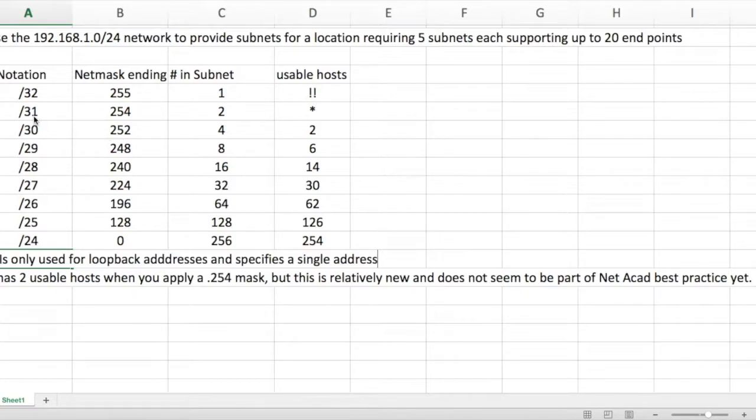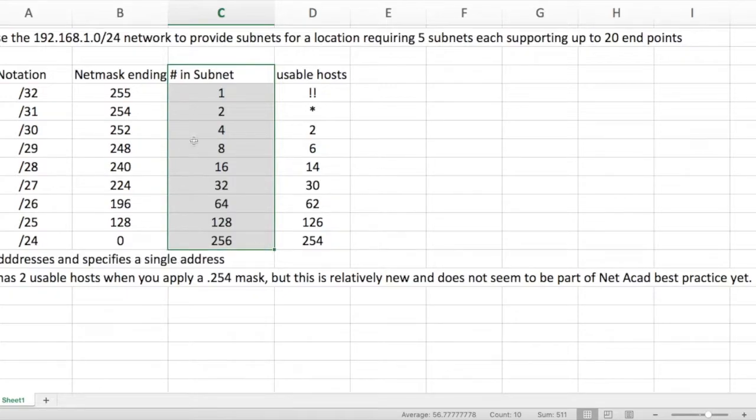The /31 equates to a net mask ending in 254. That gives us 2 possible numbers in the subnet. Remember the way I'm getting this number in the column? I'm subtracting the net mask from 256 to get the numbers in subnet column.